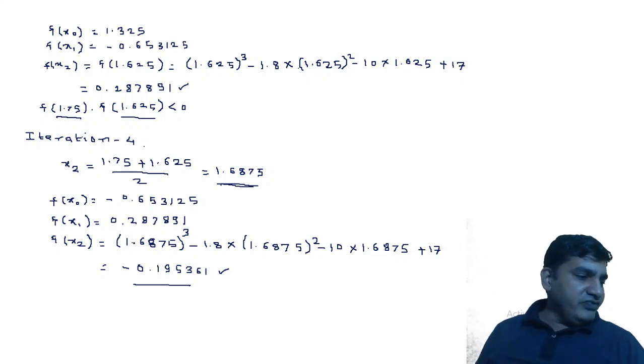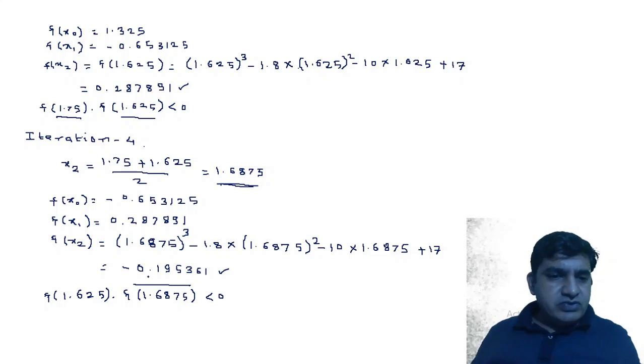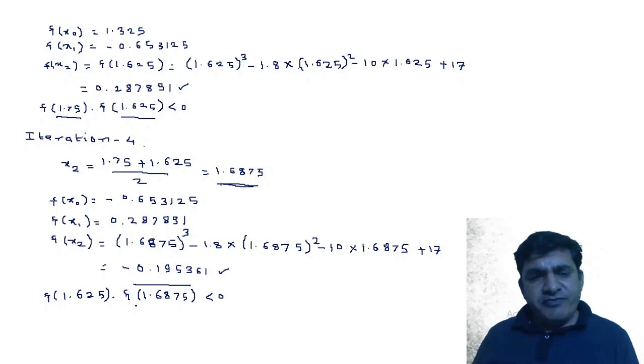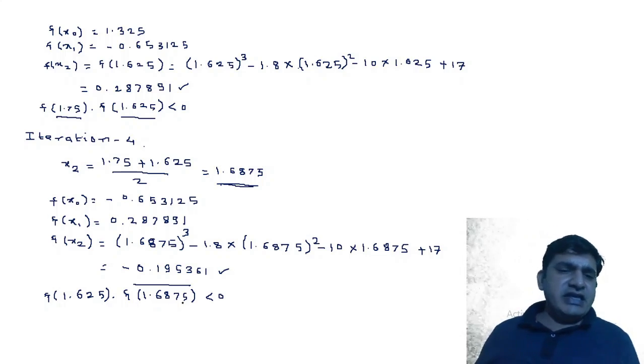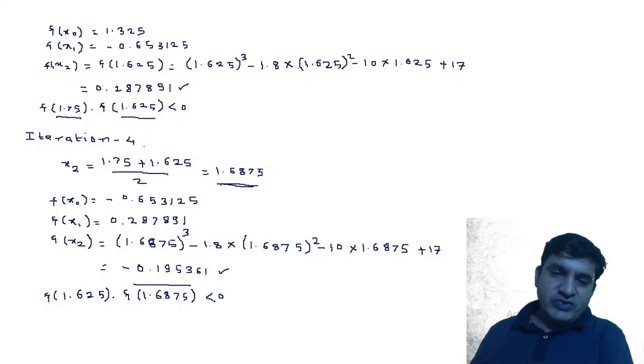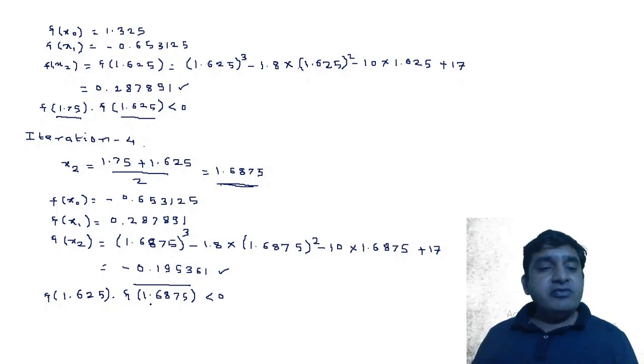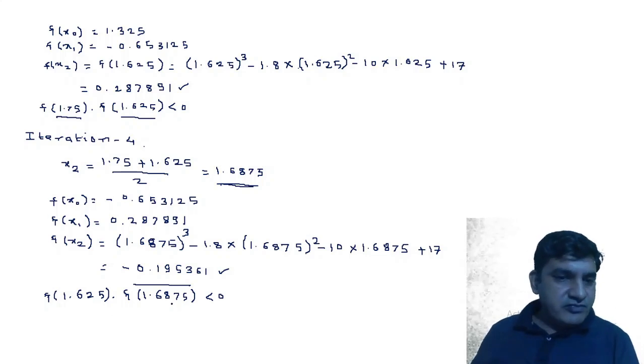Here again we find f of x2 is negative. F of 1.625, its value is positive and f of 1.6875, its value is negative, and therefore its multiplication is less than 0, and therefore we can say that a root lies in between 1.625 and 1.6875.